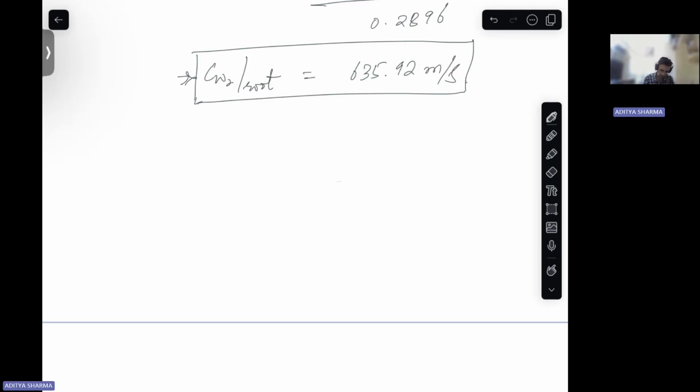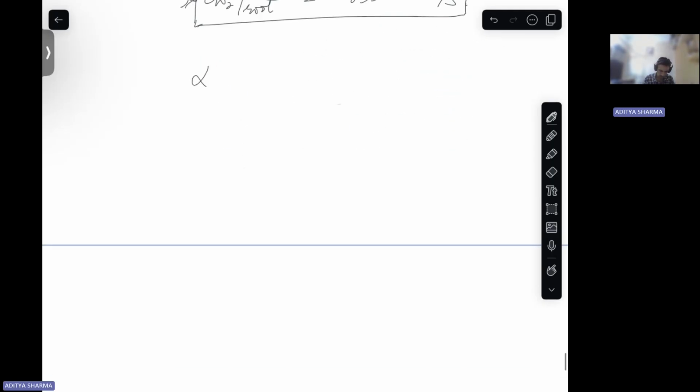But for that, let's calculate alpha 2 for root. Alpha 2 for root is, hence alpha 2 for root is tan inverse of CW2 by CA2 root.